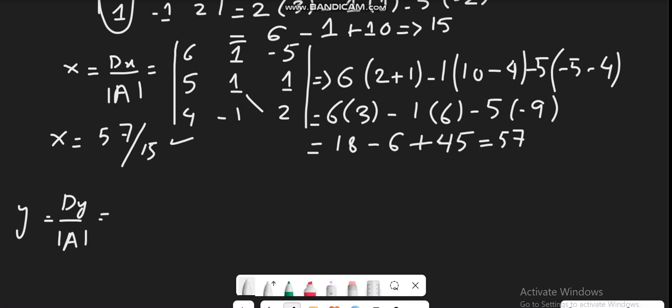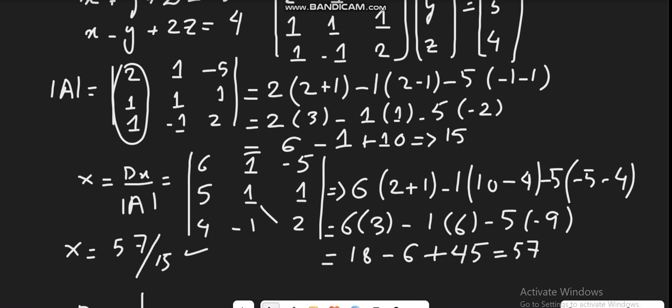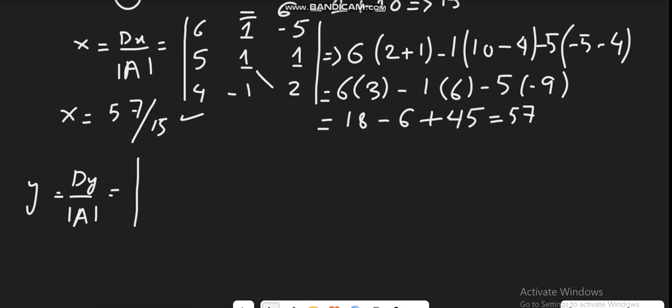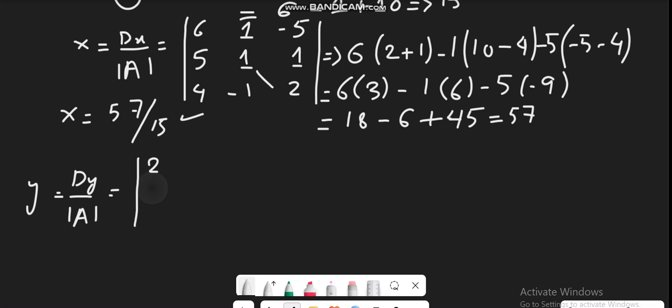Since y is the second variable, the first entry of the matrix A will remain as it is, which is 2 1 1, and similarly the last entry, which is minus 5 1 2. So 2 1 1, minus 5 1 and 2, while in place of the middle column I will write the value of b, which is 6 5 and 4.